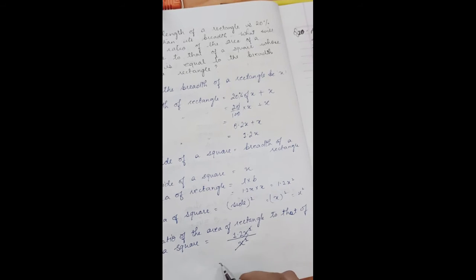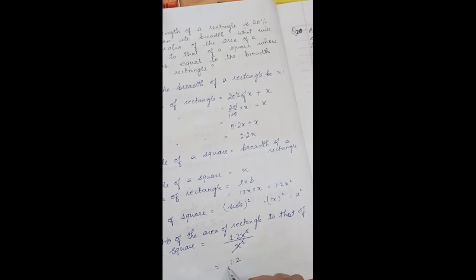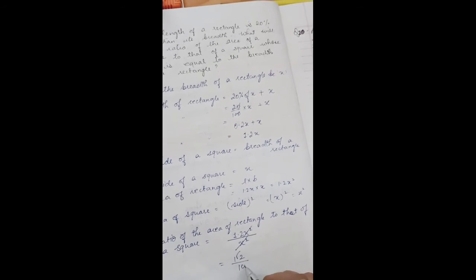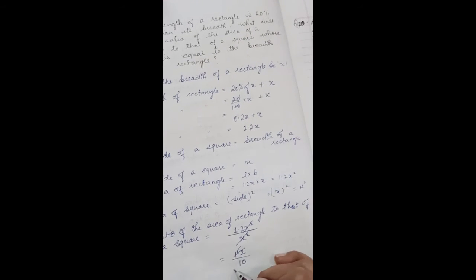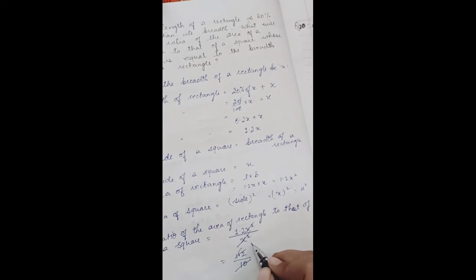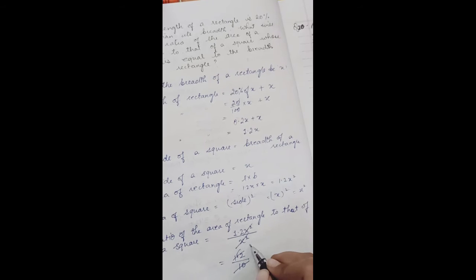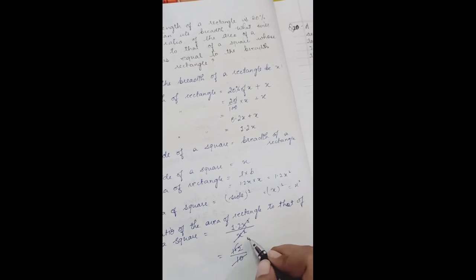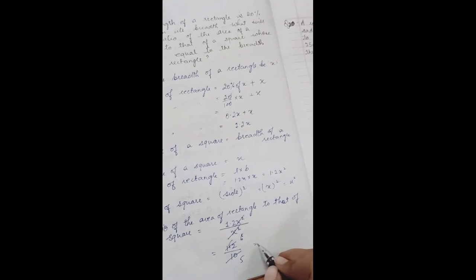X square cancels out. Here we get 1.2 by 1. We remove the decimal. Now reduce 3 4 times, 2 6 times and 2 5 times. So here we get 6.